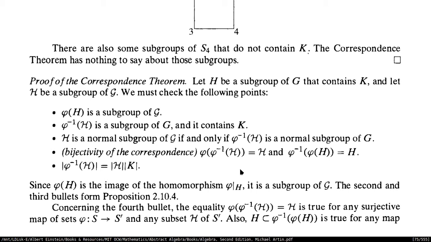Then the only thing remaining to be verified is that the preimage of the image of H is again a subset of H, the other way. If that happens, you're going to have the desired equality for the bijective correspondence.